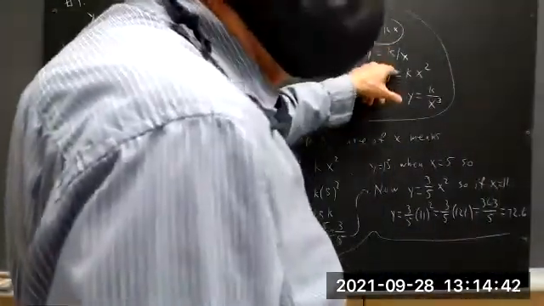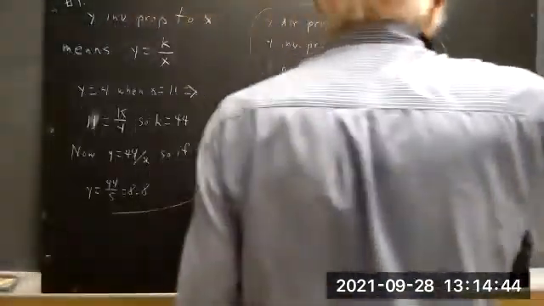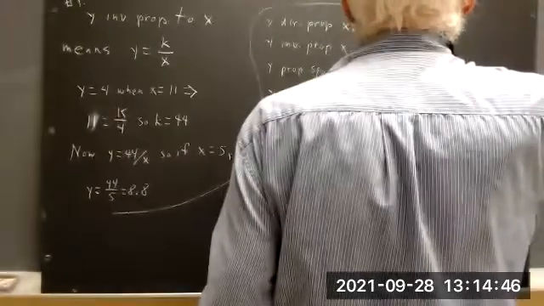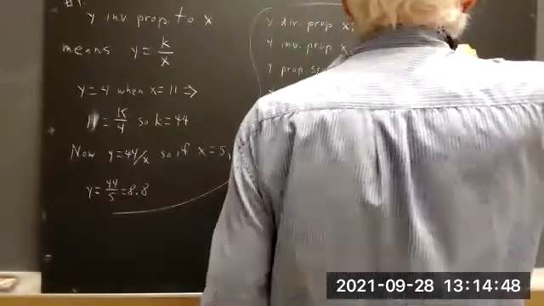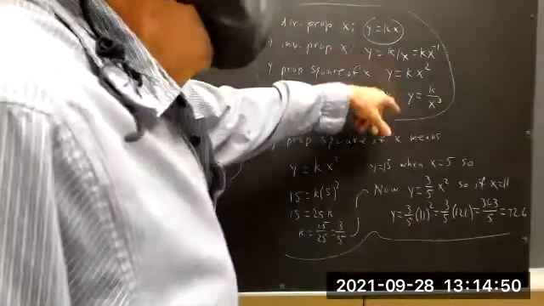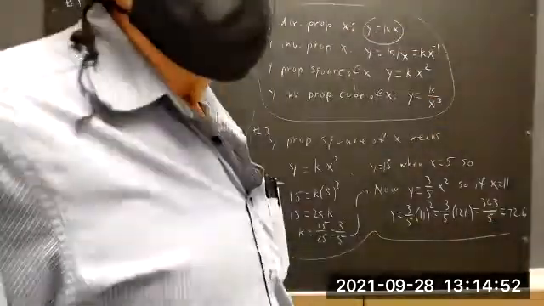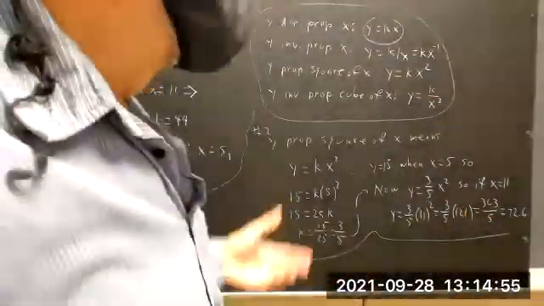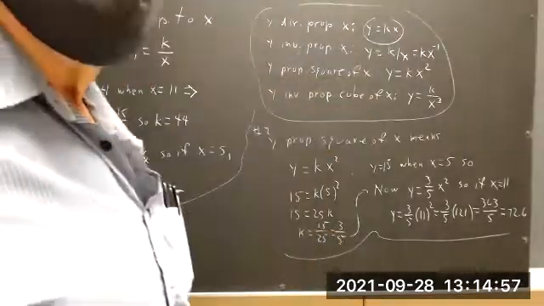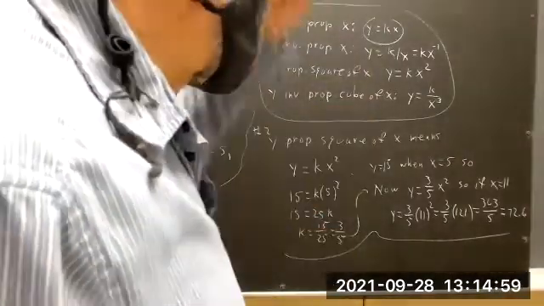Okay? One other thing. Y equals k over x. Of course, k divided by x is kx to the -1. And you should understand negative exponents. That should be obvious. If not, you need to understand negative exponents.